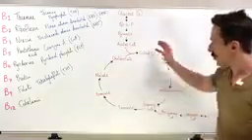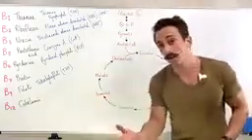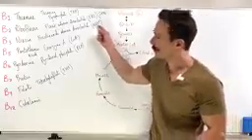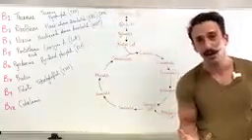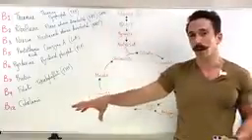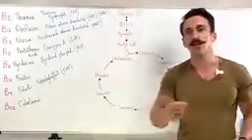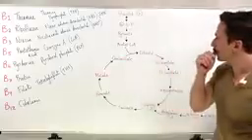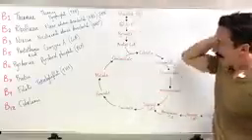This process produces a whole bunch of what we call NADH, maybe something to do with that, and FADH2, maybe something to do with that. And they travel to the electron transport chain that ultimately produce a bunch of ATP. All right, so now that we've got this, how do these fit in?